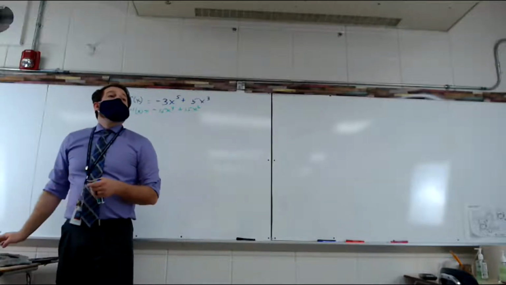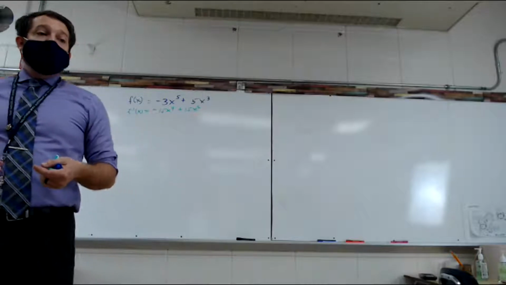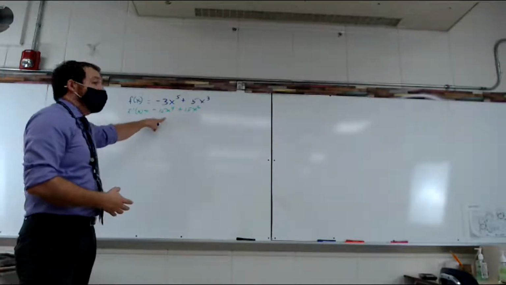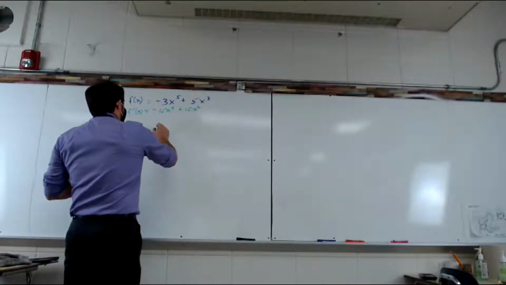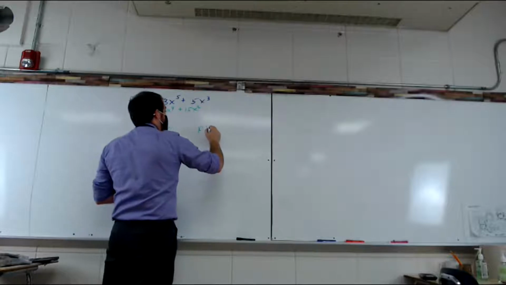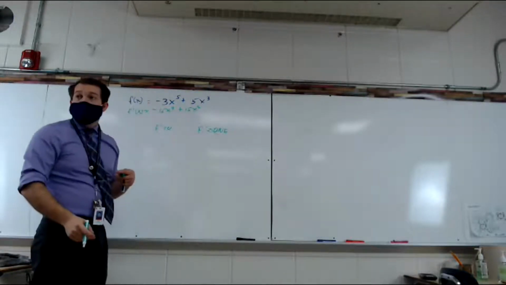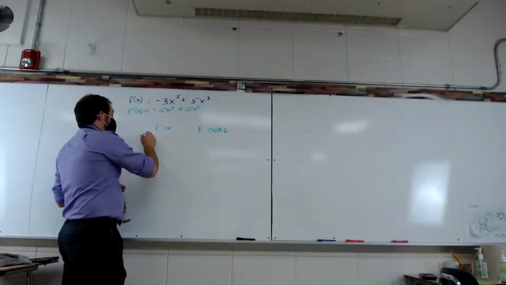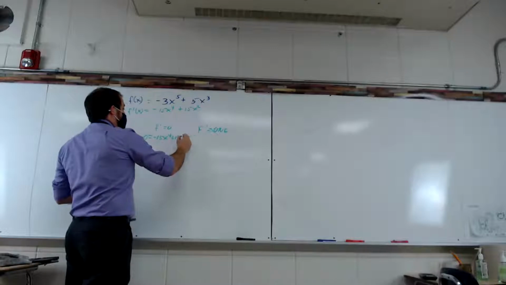Okay. So what we are going to do is find the critical values. For us to do that, of course, we need to set this equal to 0 and solve, or, of course, where this does not exist, but that's not going to yield us anything here. So 0 equals negative 15x to the 4th plus 15x squared.